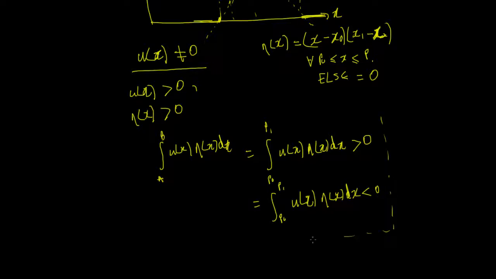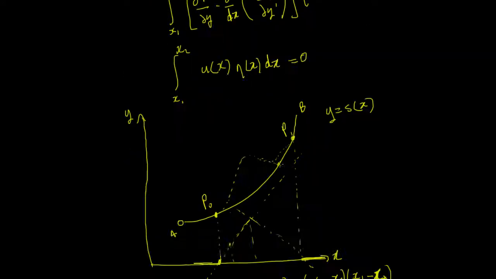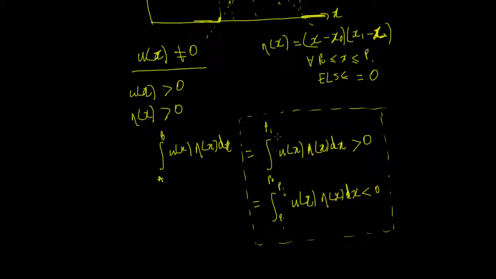Now we have these two identities here, and here's where our contradiction occurs, because we know that if u of x is greater than 0, then this whole integral must be greater than 0. If u of x remains less than 0, the whole integral must be less than 0.